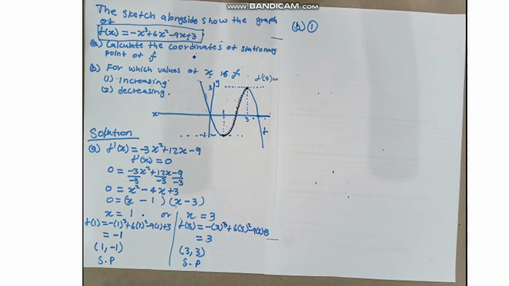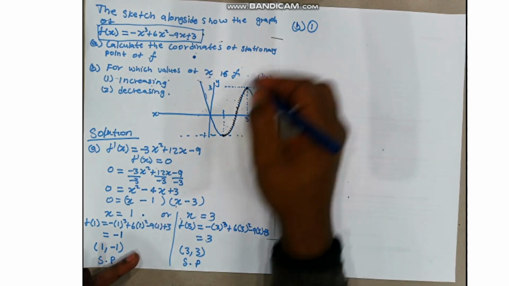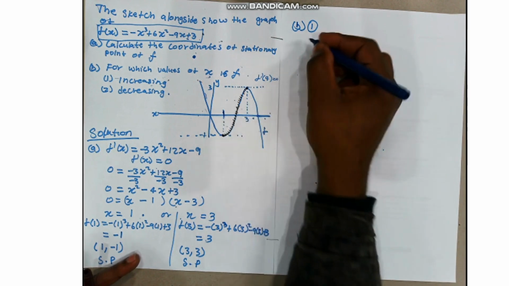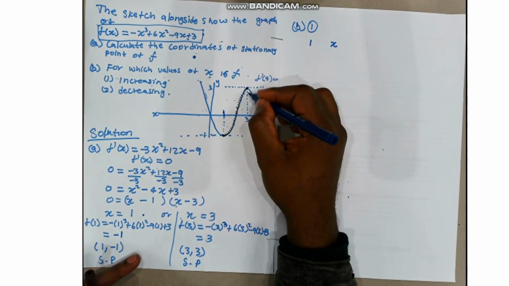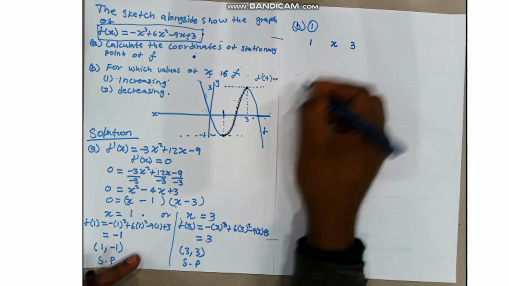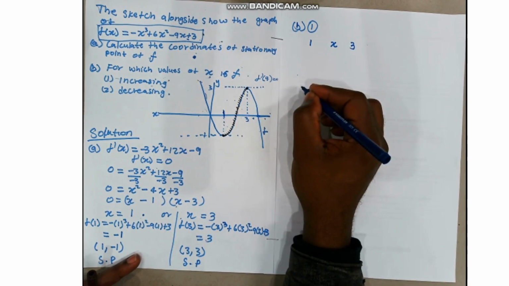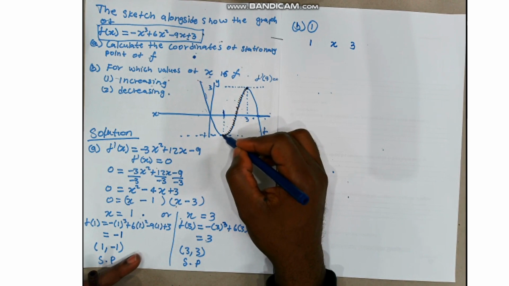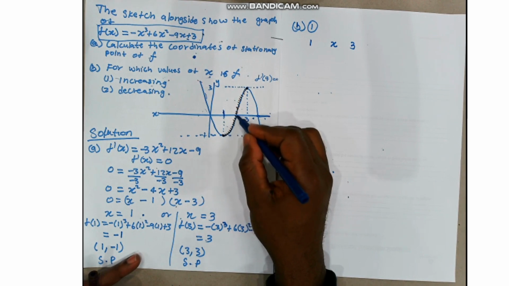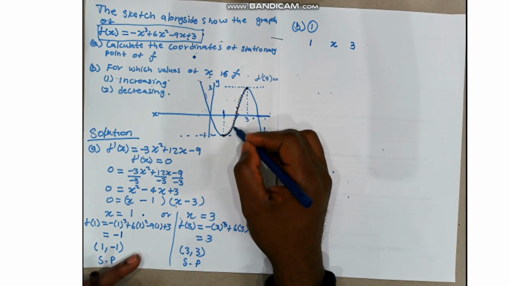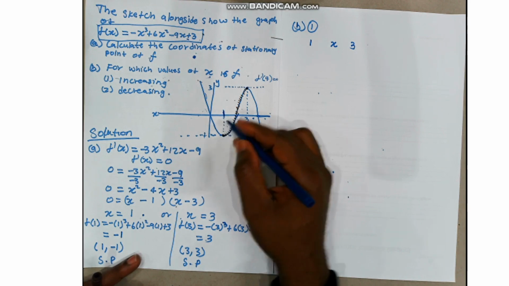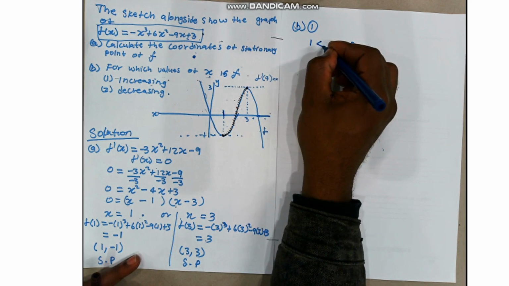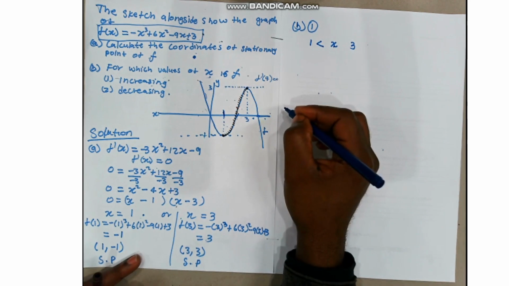So now the values of x, starting from what is our x here, our x is 1, so from 1 into x, and then it ends at 3. From 1 going this side, we are going to the values of x that are bigger than 1, meaning 1 is less than the values of x.